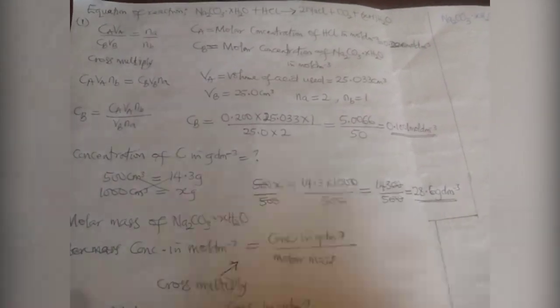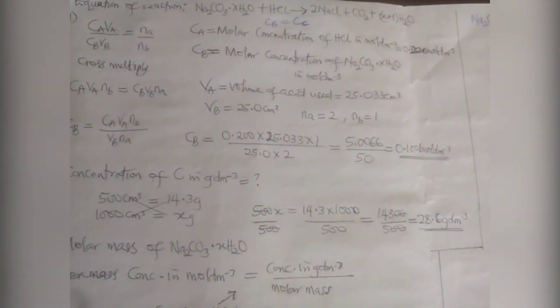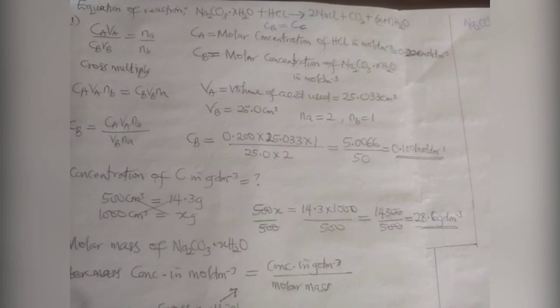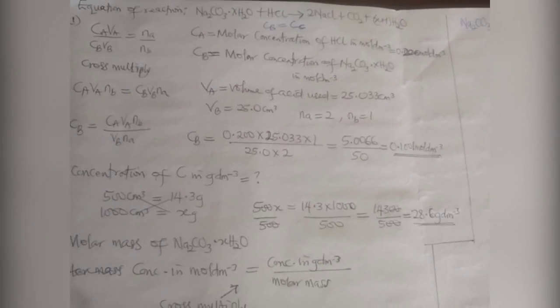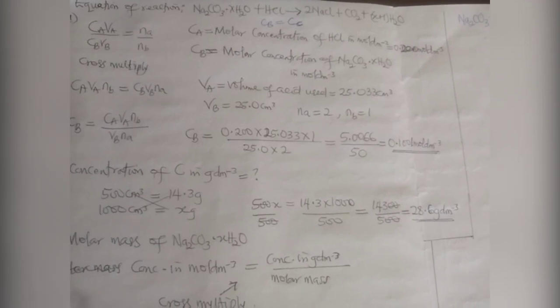Take note that my CB is the same thing as CC, the concentration of C, which is the same thing as the base. So I'm using the concentration of the base as CB, which is C given to us in the question. Now we have this formula: CAVA over CBVB is equal to NA over NB.